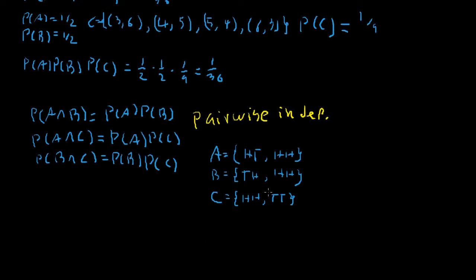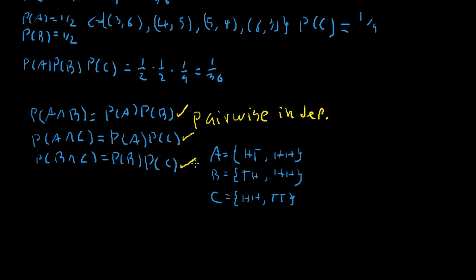So are they pairwise independent? Well, the probability of A is a half, the probability of B is a half, and the product is a quarter, and the intersection only contains heads, heads. Okay, this is good. Now, the probability of A and C also only contains heads, heads, so this is a quarter, and the probability of each of them is a half, so that's good. Same here, the probability of B and C: they only share heads, heads, so that's a quarter, and I multiply two halves together.